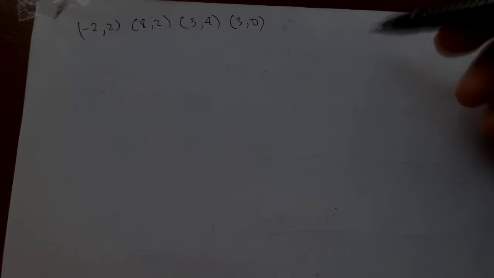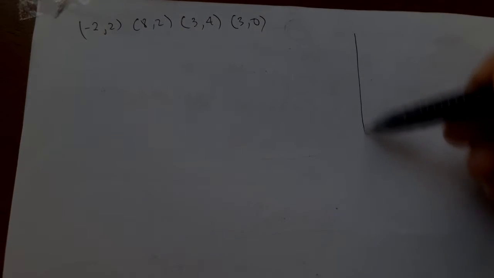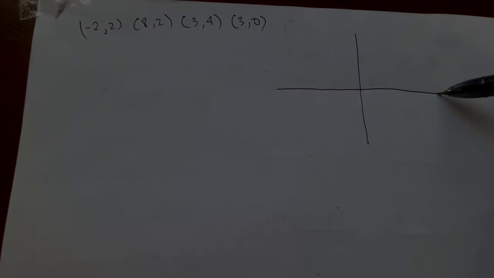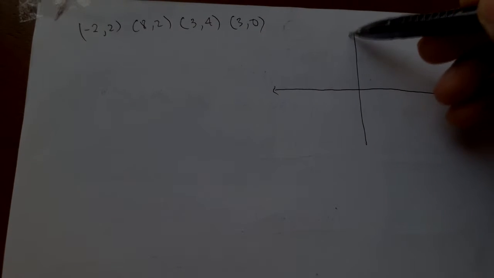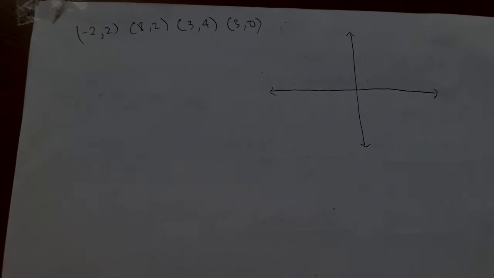Next problem is find the equation with the given points. Negative 2, 2, 8, 2, 3, 4, and 3, 0. So to find the equation, first thing we have to do is to plot this on a graph to make it easier for us to find the a and the b.